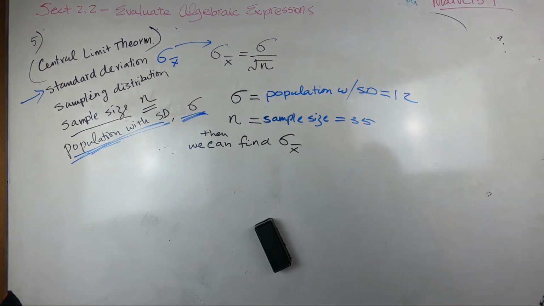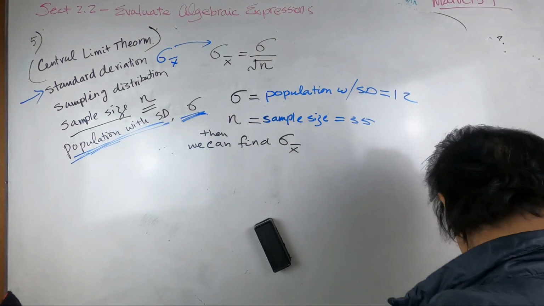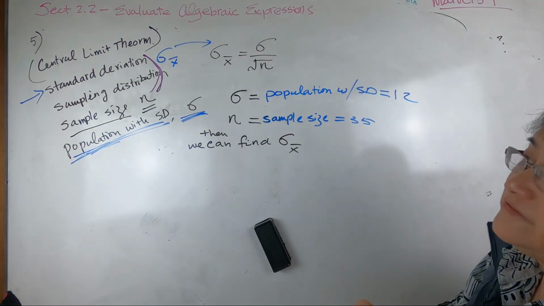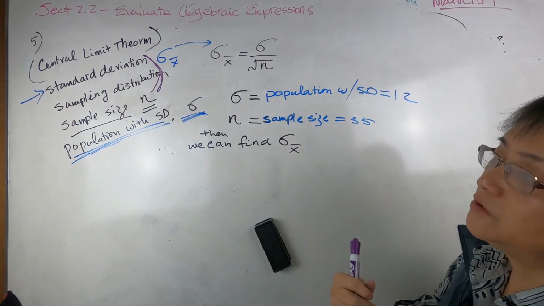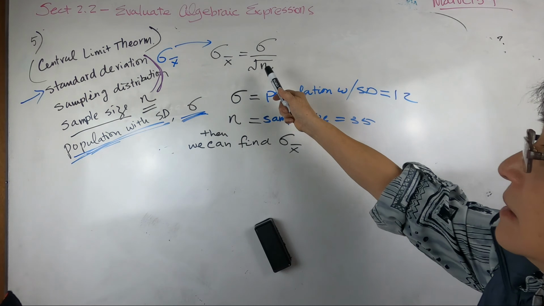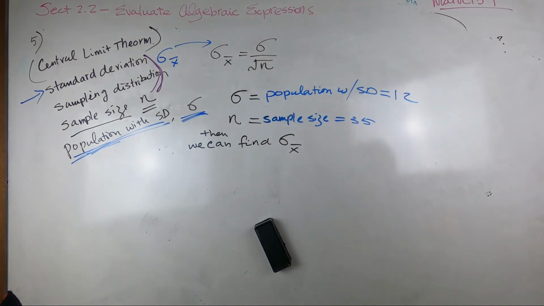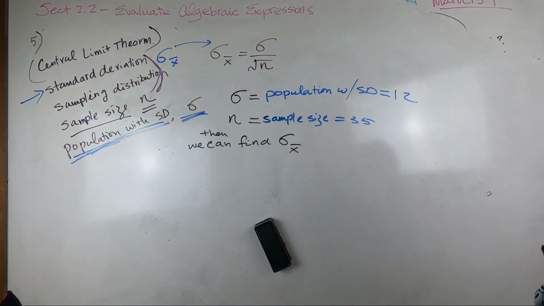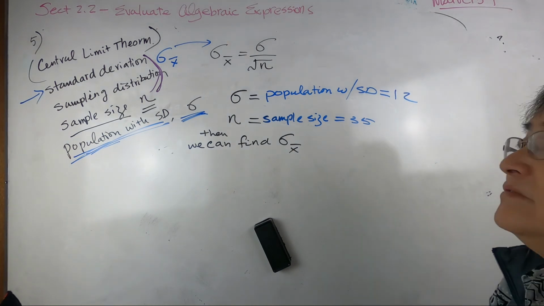First, what is the standard deviation of the sampling distribution? The standard deviation for sampling, the data you are using, sampling data, right? Confusing enough. So you need to identify, you have 3 symbols here. You need to identify which symbol we want you to find and which symbol is given.